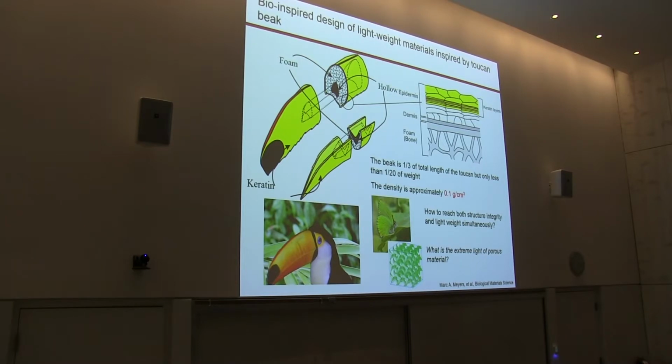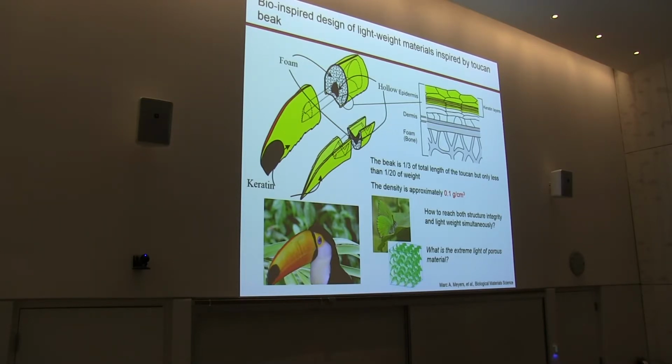At the beginning, when I first looked at it, I thought it was very heavy, and that the bird would be very difficult to fly. Then, as I taught, I learned from the book that the density is almost 1/10 of water. So that's very light, and that's why the bird is capable of flying.